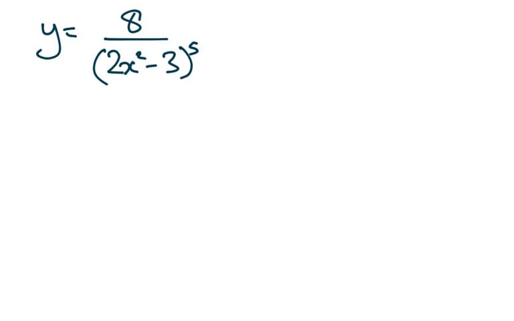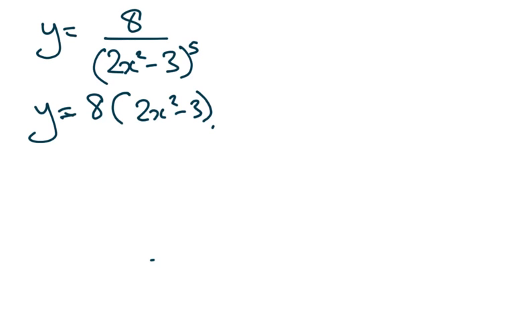But instead of leaving the power at the bottom, I'm going to bring it to the top. So 8 and then bracket 2x squared minus 3, and remember, if the power from the bottom you bring it to the top, the degree, if it's positive, becomes negative. Don't forget that.